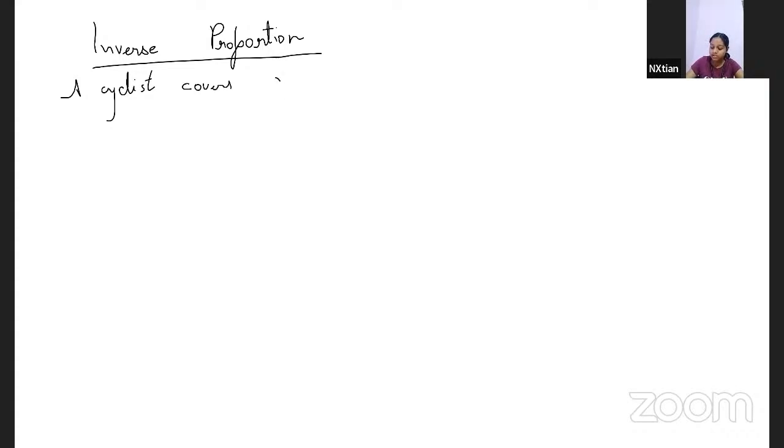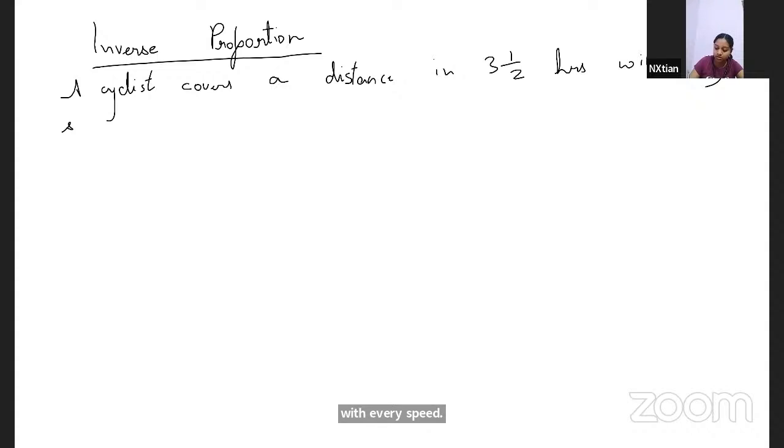This is a question where a cyclist covers a distance in 3.5 hours with average speed. Do we know this particular distance?